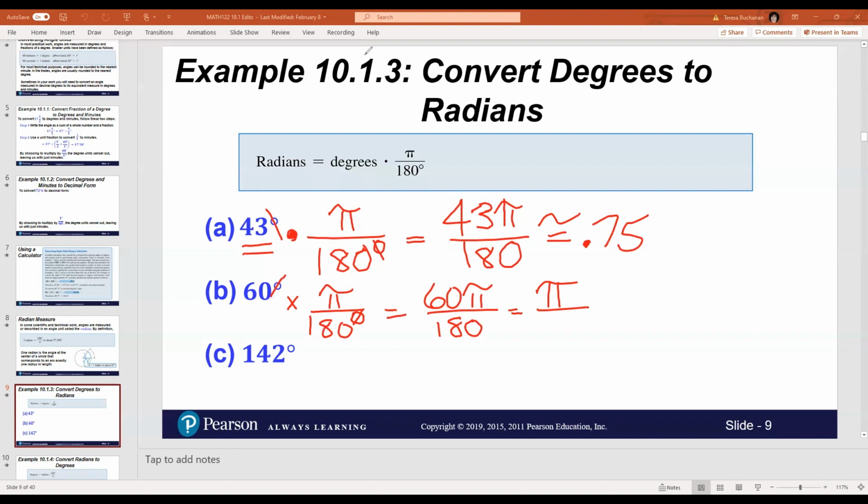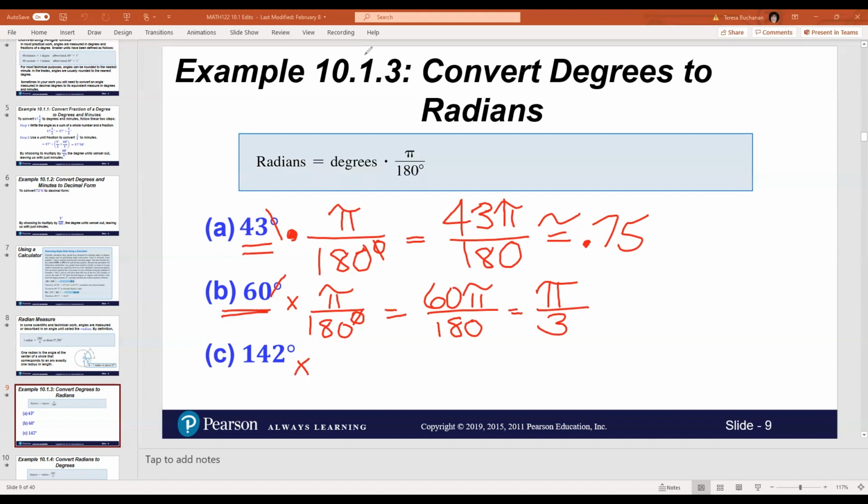Divide top and bottom by 60. And so the exact form of 60 degrees is pi over 3 radians. In most cases, we would leave it that way. As you do more trig work, you'll see that this is a landmark type of angle. It tells us some things. So we leave that in that exact form, pi over 3.